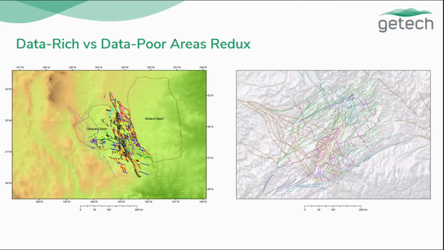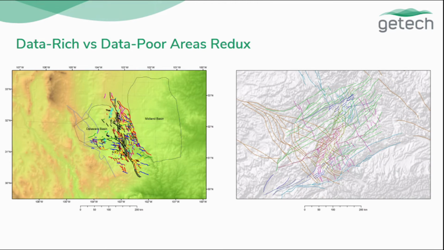But let's now take a look at the answer you get in a data poor area compared to the answer that you get in the data rich area. And I hope that you would agree that the spatial density and the kinematic interpretation and the robustness, the regional coverage of the interpretation is quite similar between the two methods.